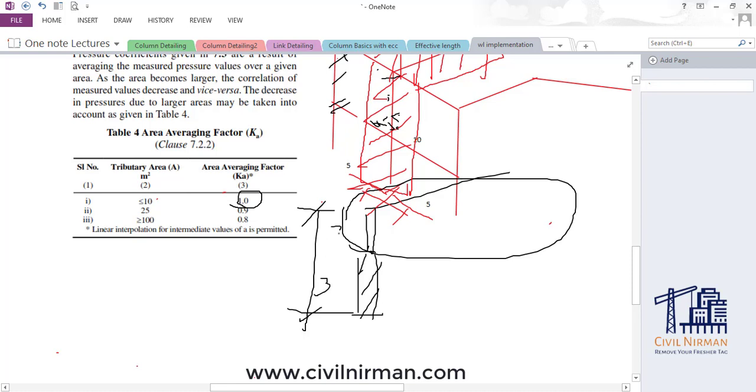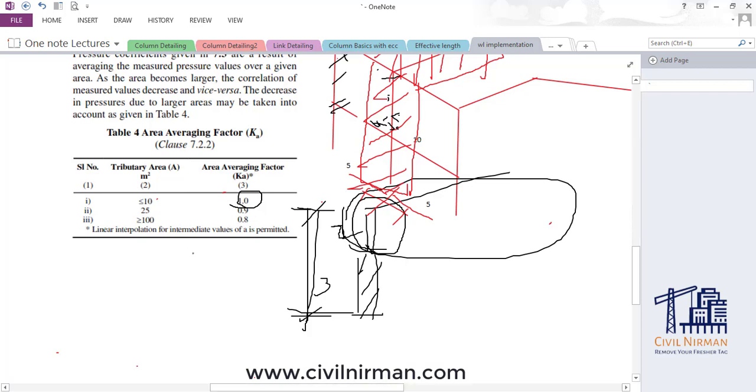See, this is 3, this is 2, so for the wind implementation, only this particular part will impact your wind, not this one. So while calculating the Ka factor, don't consider the full height for this wall load, because it will impact your coefficient value and you will get a higher coefficient if you consider the full height of 5 meter.